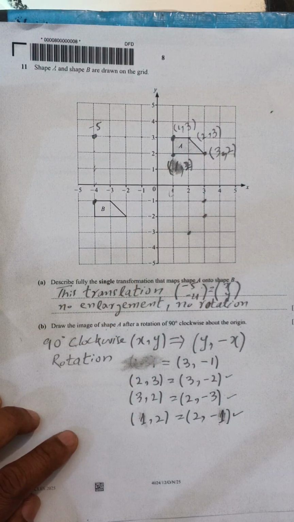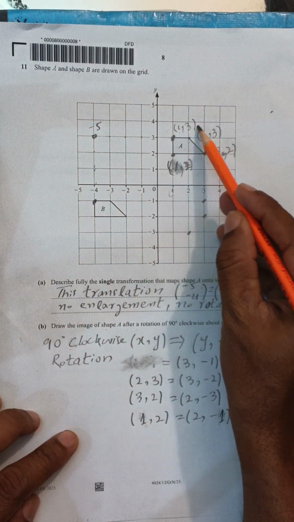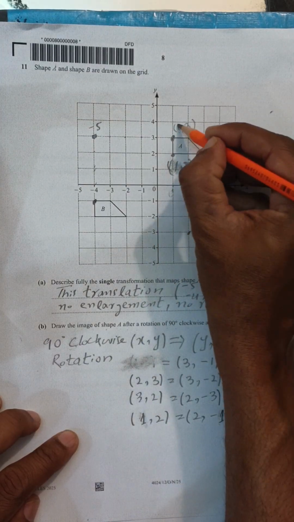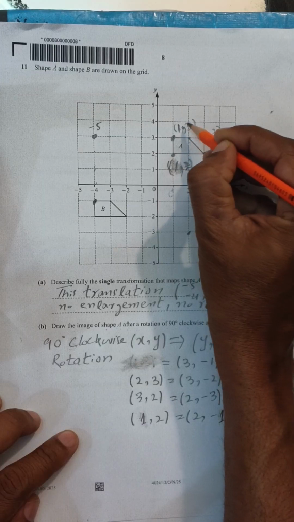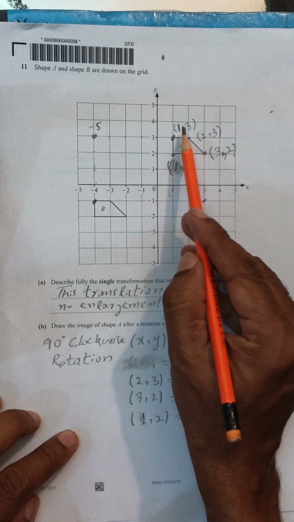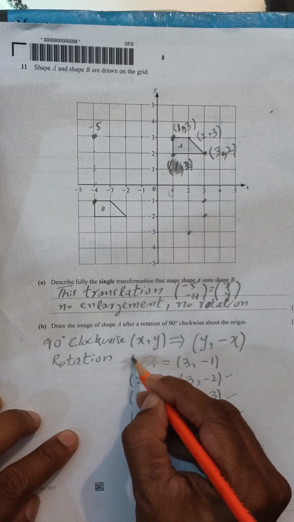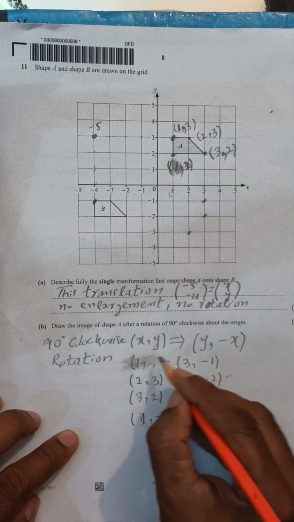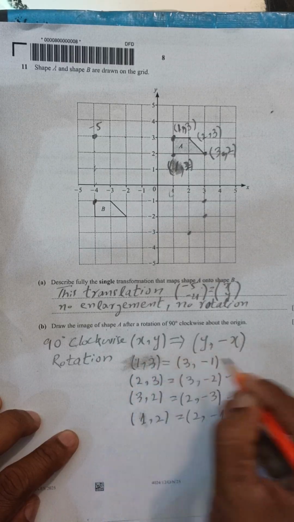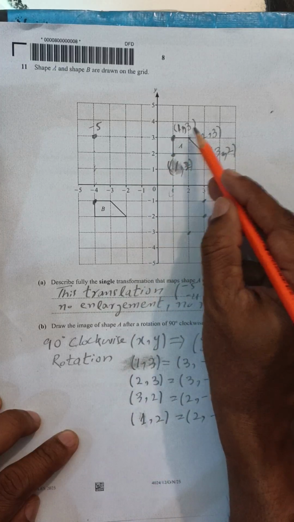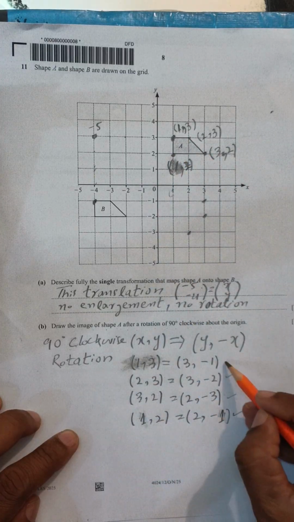Yes, the first point is 4 and 3. Sorry, 1. Now guys, please, this one I mistook, so that is 1 comma 3. So now we did it.